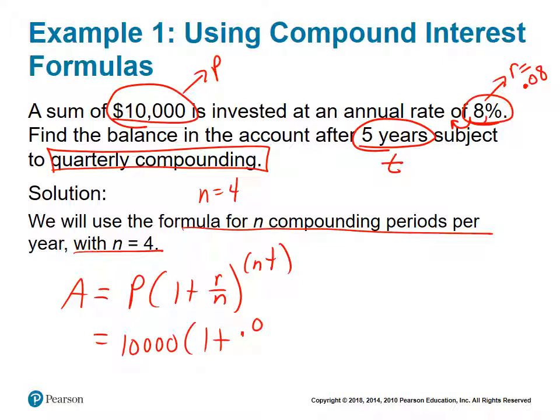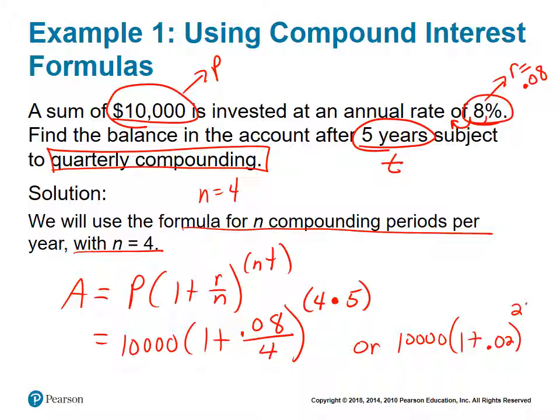Rate is 0.08. Then that's divided by 4. And then my exponent would be 4 times 5. Or if you want to make it a little bit easier, you could multiply that 4 and 5. So that would be 10,000 times 1 plus. You could also take 0.08 and divide by 4 in your calculator, and that will give you 0.02 when you divide to the 20th power. So you could simplify that fraction and that multiplication.